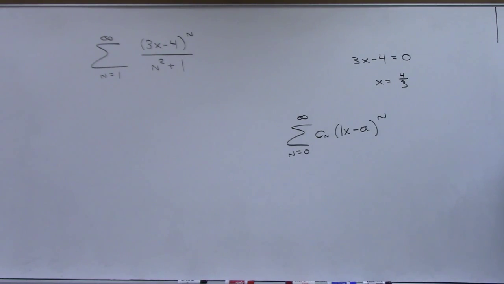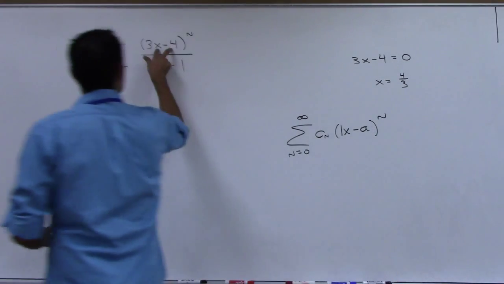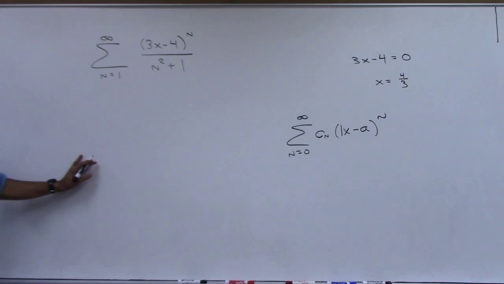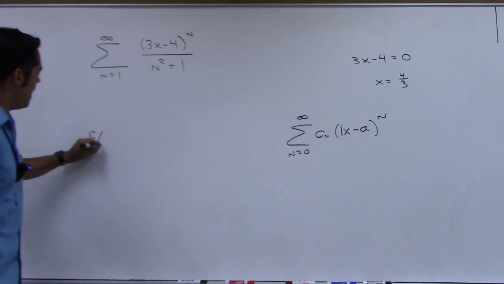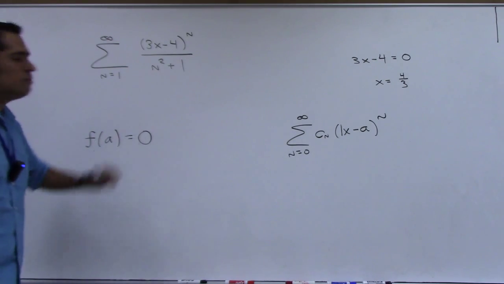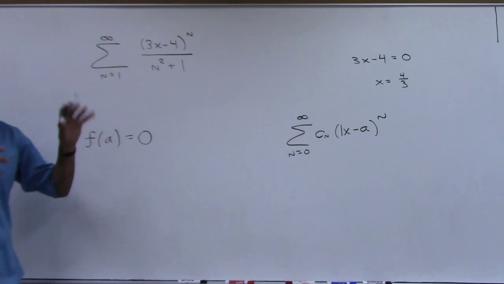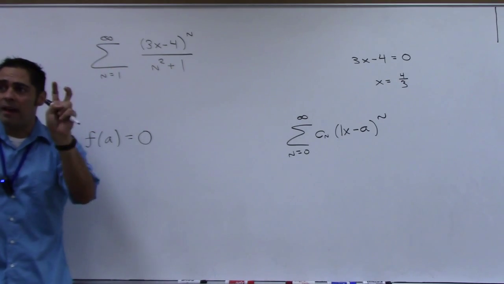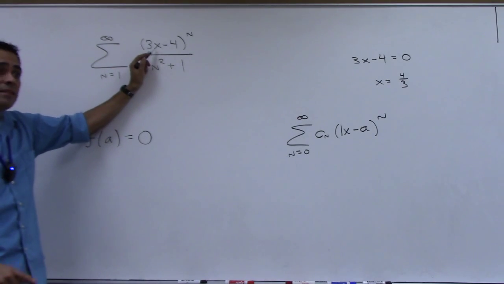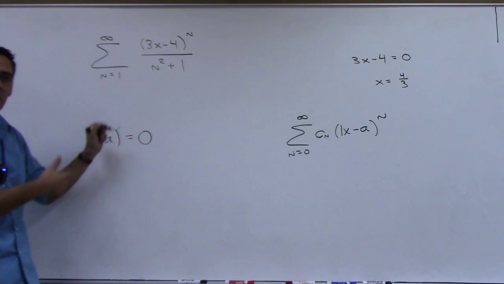So this is going to be centered about 4/3. Because what you want to know is what would make that 0. Remember when we said f of a should always be 0 for every power series. To say that this is a power series about a means I need to figure out what x makes this thing 0.